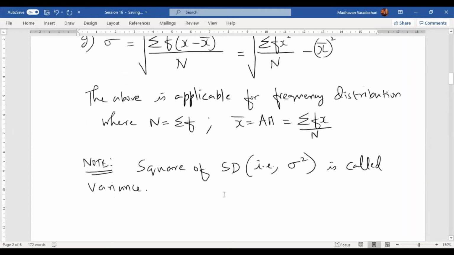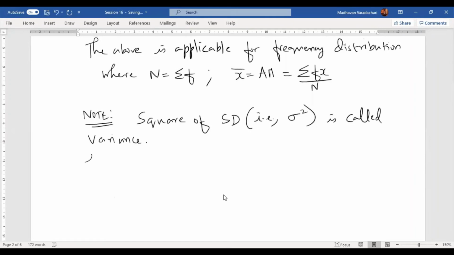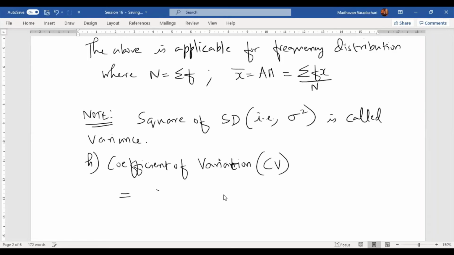Then we have next formula h. It will be coefficient of variation. Coefficient of variation, denoted as CV, is standard deviation divided by arithmetic mean multiplied by 100.